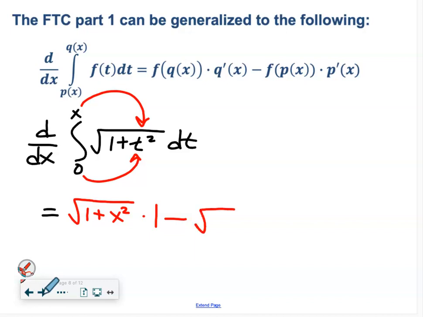So you get the square root of 1 plus 0 squared times the derivative of 0. What's the derivative of 0? 0. Which means if any of this is a constant, it's always going to be 0. The term's going to disappear because the derivative of a constant is always 0. So you end up with the square root of 1 plus x squared.